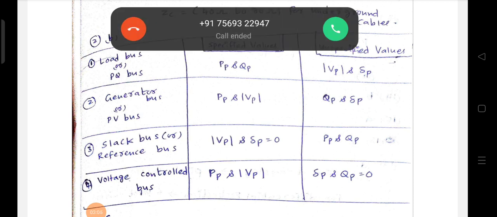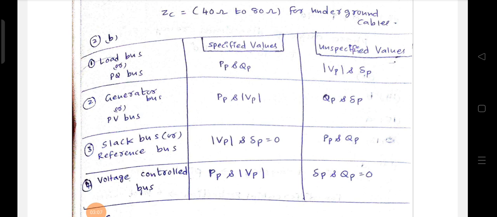That is about load bus. Next, generator bus or PV bus. In case of generator bus or PV bus, specified values are P and V. Unspecified values are Q, reactive power, and delta, angle. Now see here, in the given problem what is given?